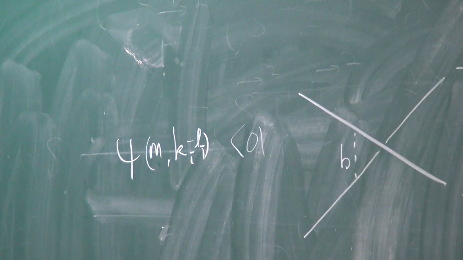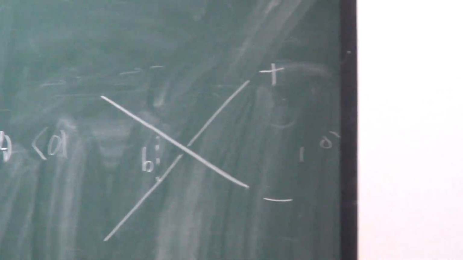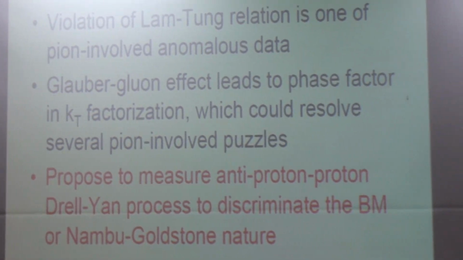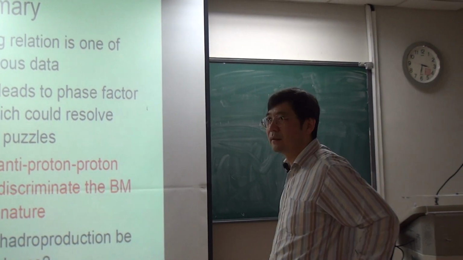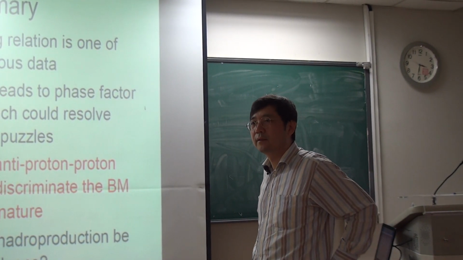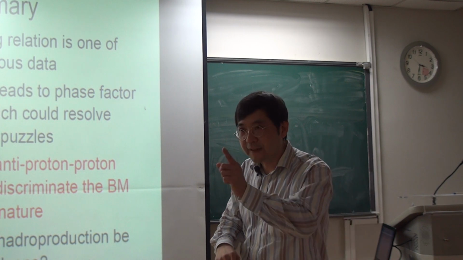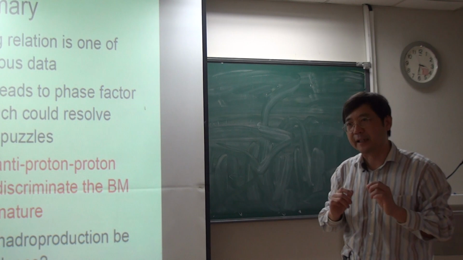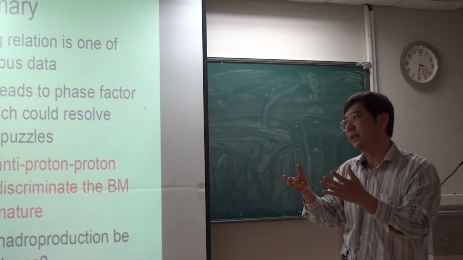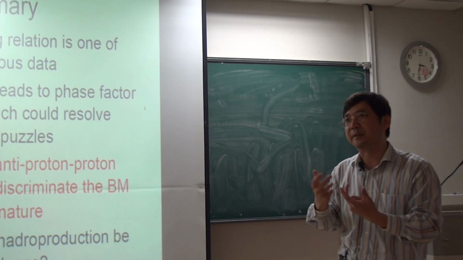Another question. You mentioned that Collins showed that at next-to-leading order, you cannot do factorization, but you effectively define the phase factor to do the factorization. Right, so that's an effective way of doing it. Yes, effectively. In the most strict definition, KT factorization still fails because we have to introduce additional non-perturbative inputs.